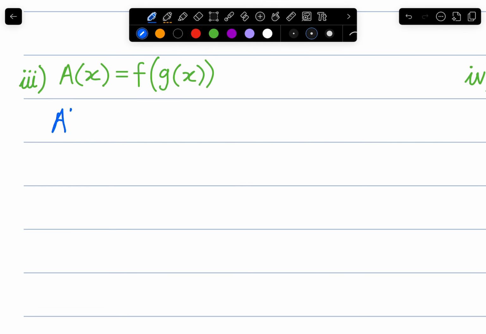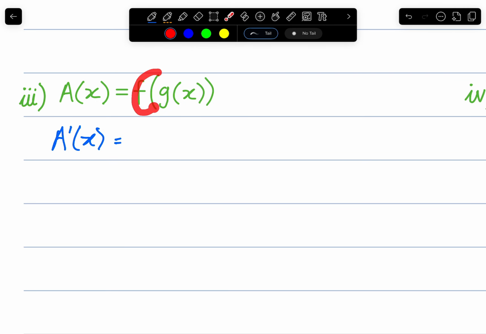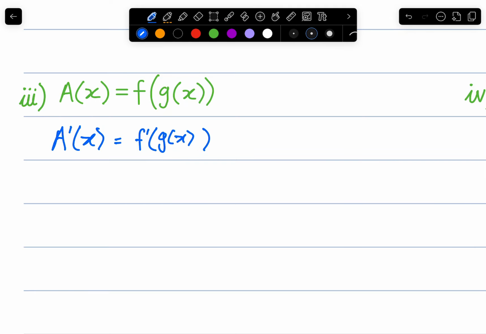Now we can apply the chain rule as well with these generic expressions. So a prime of x. Now remember, for the chain rule, we take the derivative of the outer function. In this case, the outer function is f of x. The derivative of f of x is f prime of x. And remember, with the chain rule, we leave the inside unchanged.